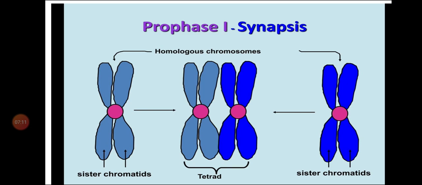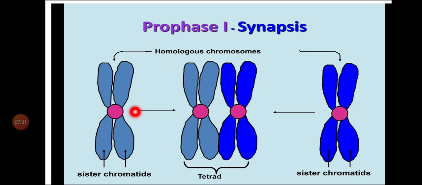You can see here sister chromatids. I will explain when this is known as centromere. This is the centromere, and these are chromatids. When two chromatids are attached to a single centromere together, such chromatids are known as sister chromatids.